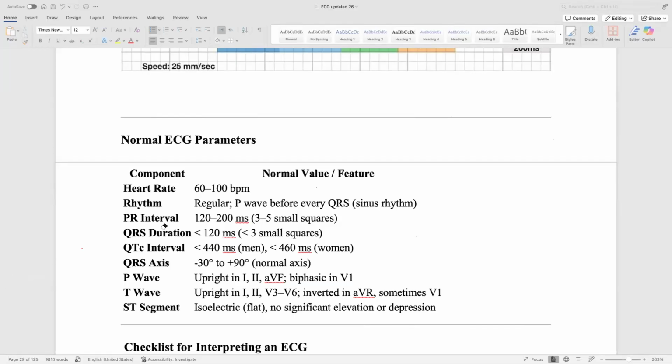Next, the PR interval. It should be not more than 5 squares. If the PR interval is more than 5, what will we call that?